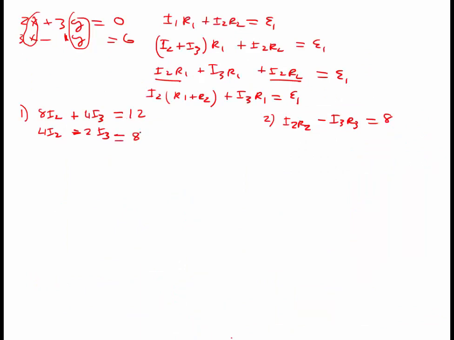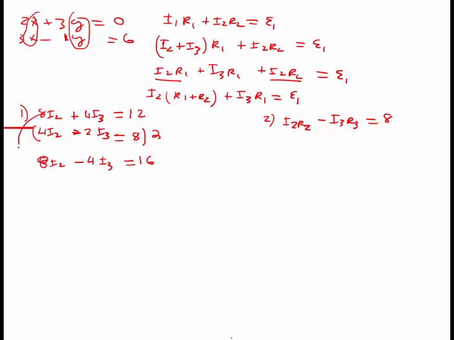Now we have two equations and two unknowns, and as you can see, I2 and I2 are the same, I3 and I3 are the same, the variables are exactly the same. So now if we multiply this one by 2, this becomes 8 times I2 minus 4 times I3 is equal to 16.